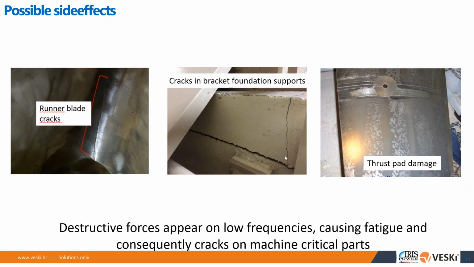Imagine 1.6 millimeters doesn't sound like much, but if you have 600 tons which moves 1.6 millimeters up and down in cycles, that's really destructive. And if the machine's supports, these beams, are very big and very well supported in the concrete, you get cracks like this. So it's devastating, I would say. You can even have the runner blade cracked as a result of operating in the rough load zone.